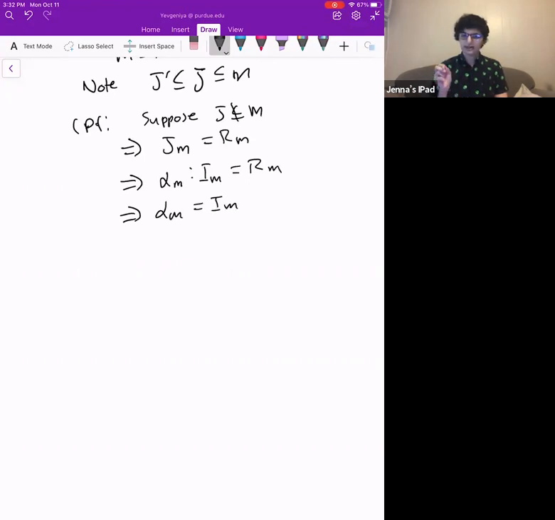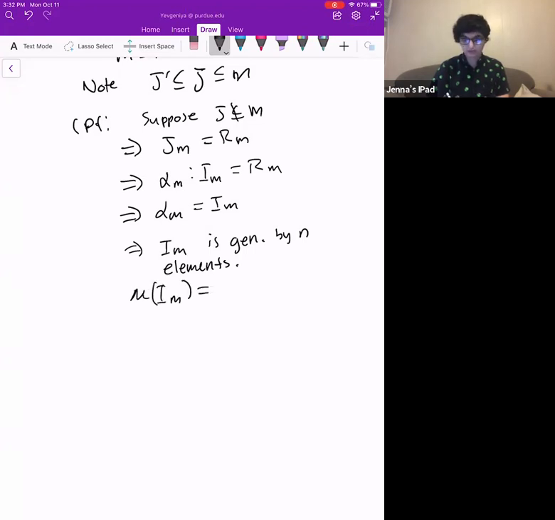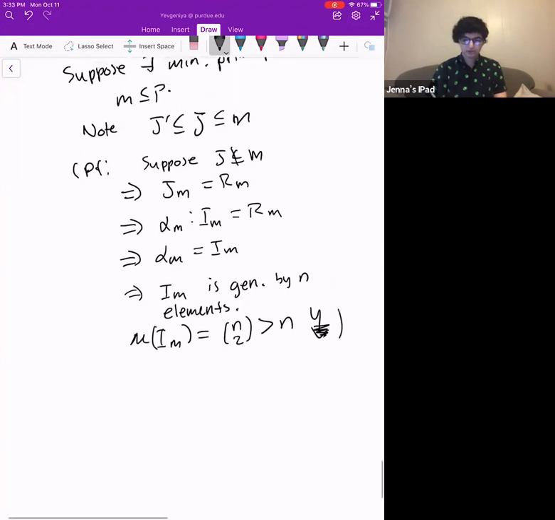And we know that alpha_M is generated by n elements. And so that tells us that I_M is generated by n elements. However, we also know that I_M is generated by n choose 2 elements, which is going to be greater than n when n is greater than or equal to 4. So that's a contradiction. So J has to be contained in M.